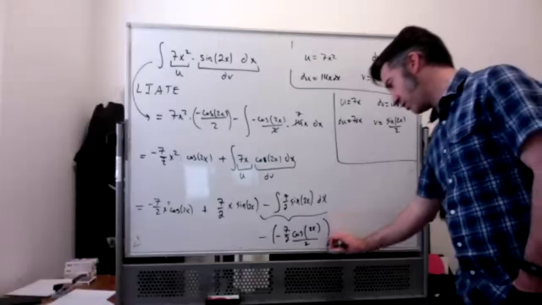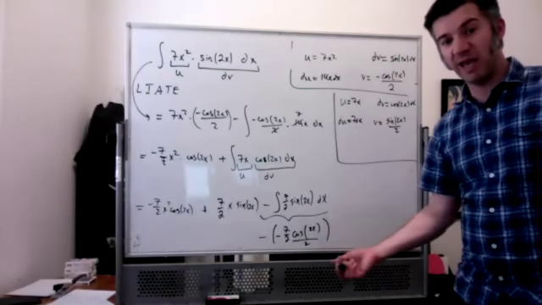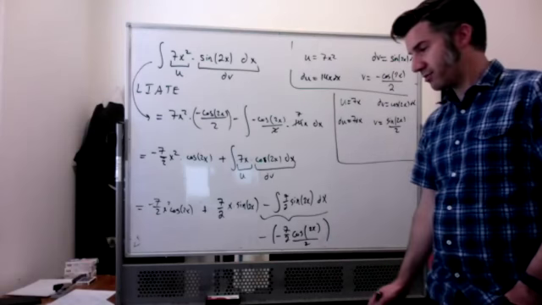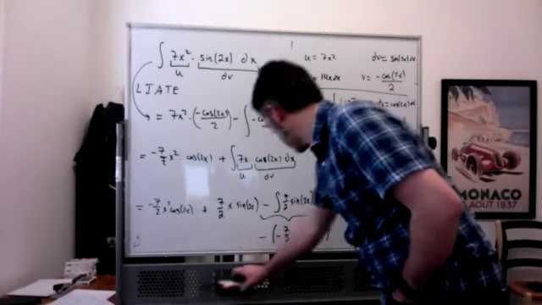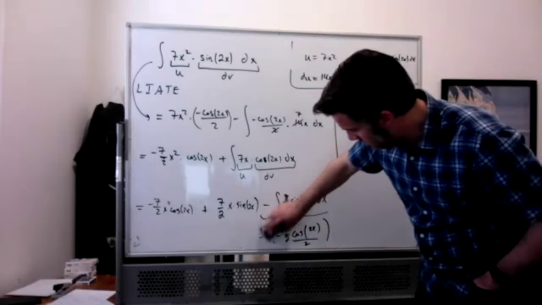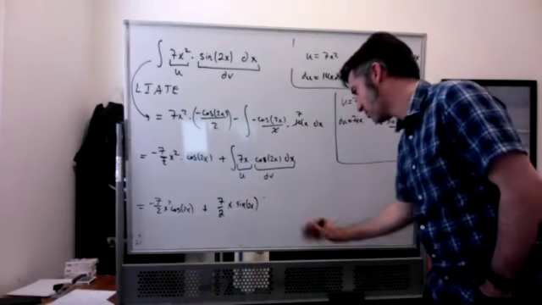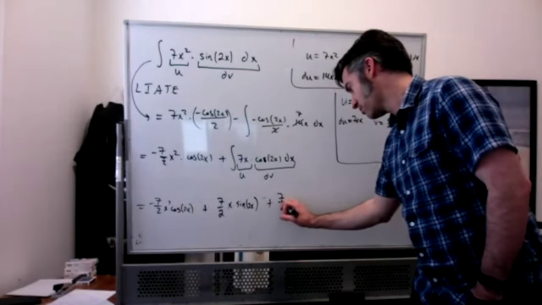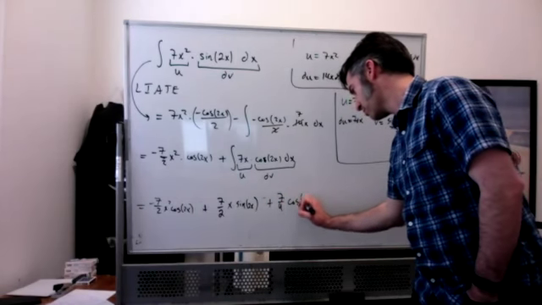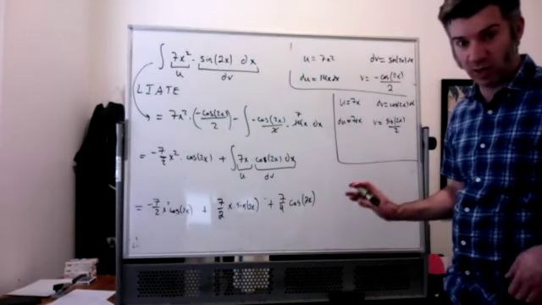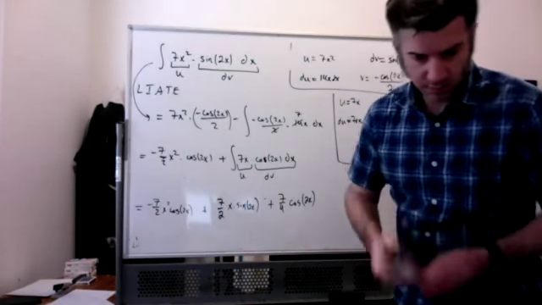So this part would turn into plus 7/4 cosine of 2x. Hopefully everyone's okay with that.